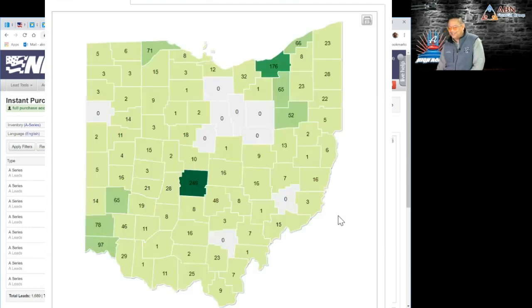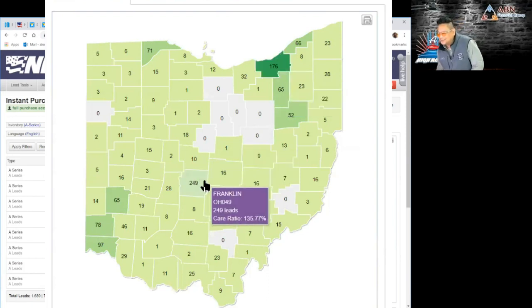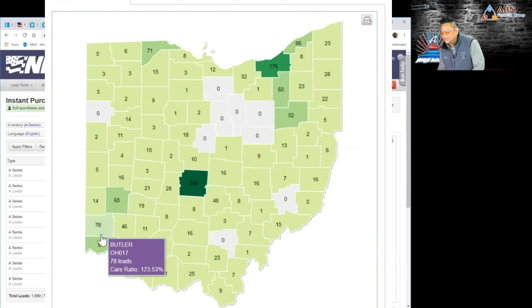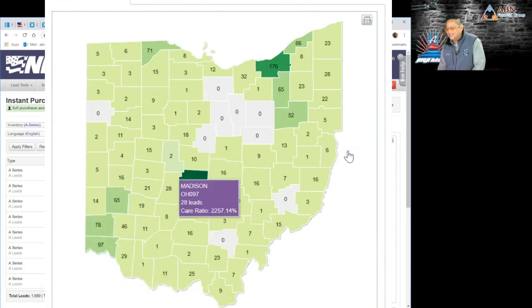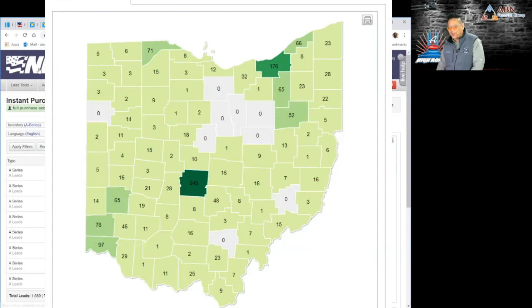Oh my gosh, look at all these leads in inventory. That's insane. There's Cuyahoga. That's Franklin. That's around Columbus, Ohio, 249. 97 in Hamilton County. That's Cincinnati. I mean, that is insane. Anyway, I'm easily diverted. So much opportunity.